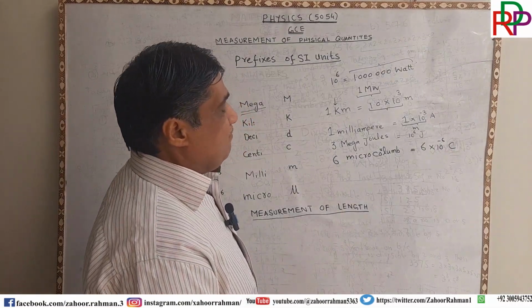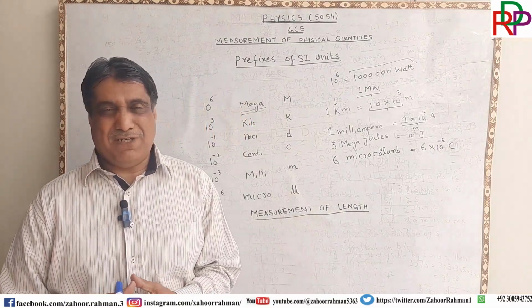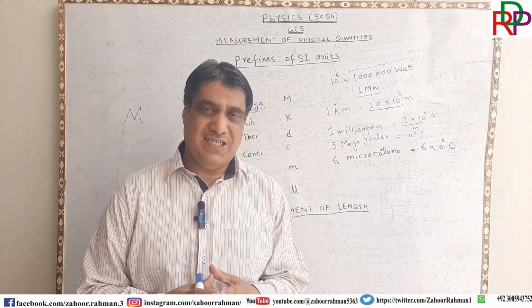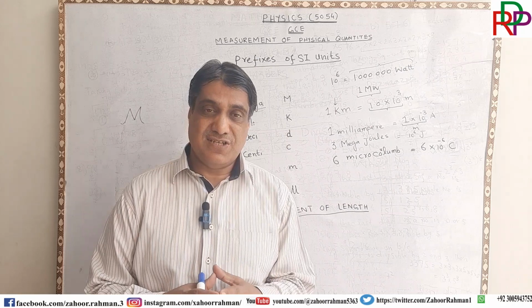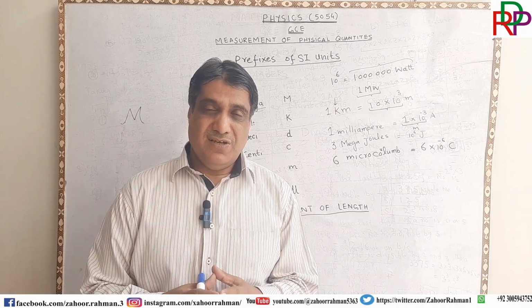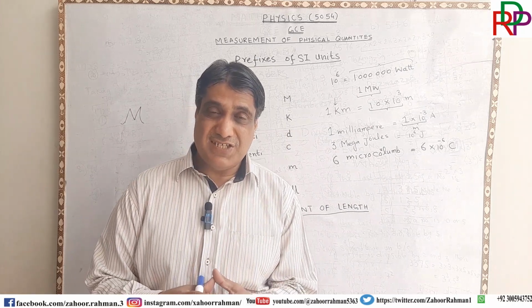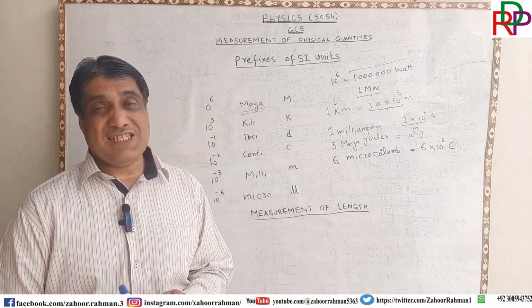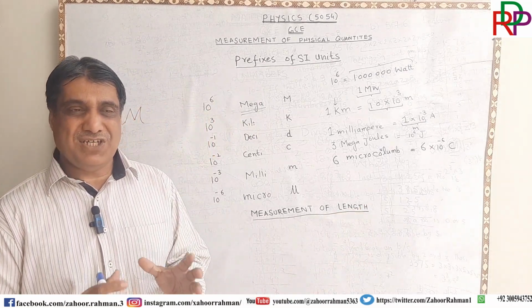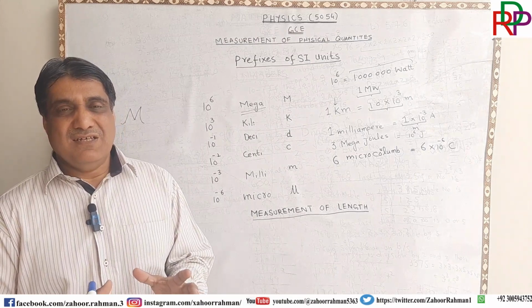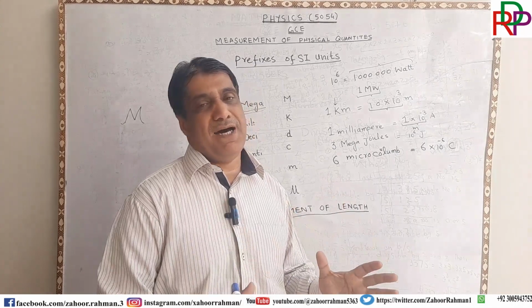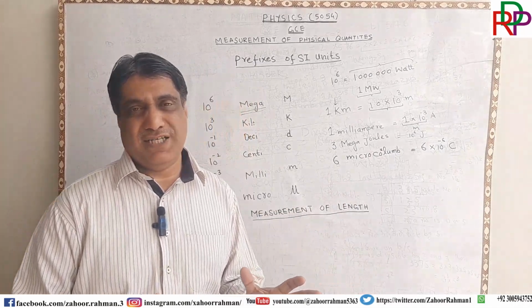Because in the next chapter we will study what is the distance. So in advance I am giving you the concept of length, because the definition of distance is the overall path covered by a body.